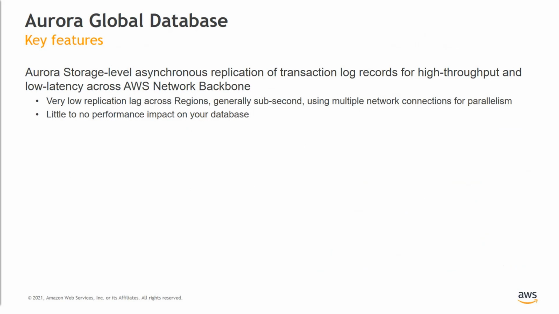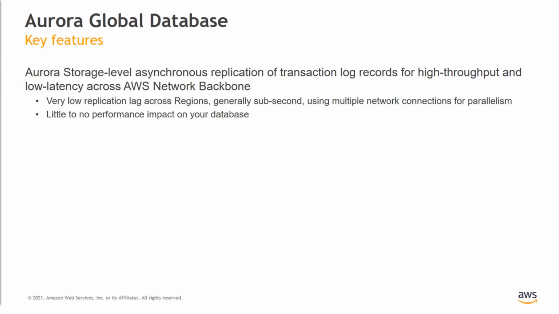So some key features we've talked about: very low replication lag across regions. I did a benchmark for a big bank down in Australia a while back, which needed to have copies of their data in London as well as in Northern Virginia. And even running at very high load, roughly 100,000 SQL statements per second on a 12XL sized instance, we were still seeing latency to London that was in the 500 to 600 millisecond range, and to Northern Virginia that was in the 350 millisecond range.